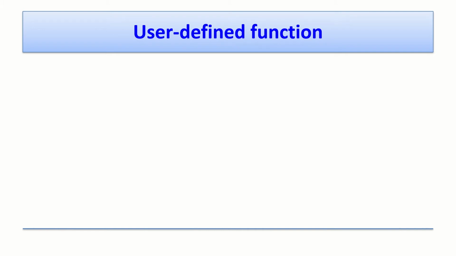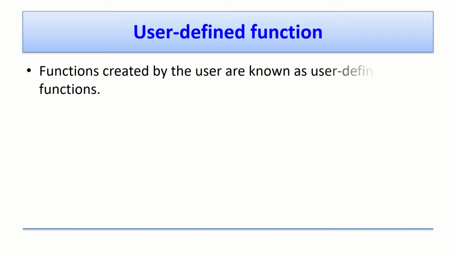The next one is user-defined functions. What are user-defined functions? The functions created by the user are known as user-defined functions. That means in addition to the standard library functions or built-in functions, the user can define functions.